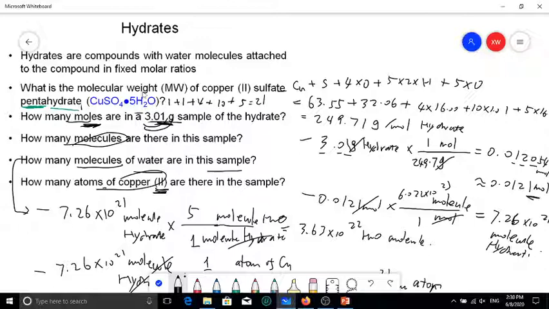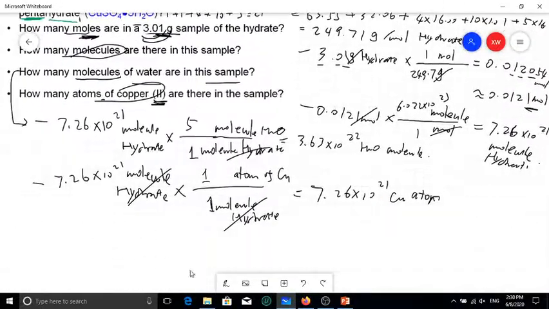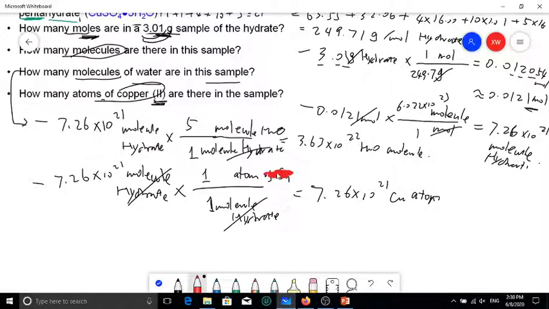So in every one molecule, there are 21 atoms. If I ask you, instead of how many copper atoms, in total how many atoms are there in the sample, you would do a similar calculation, but removing the specificity of copper. Every one molecule has 21 atoms, so you multiply this number by 21. That's basically how you do this type of calculation with the hydrate molecule.